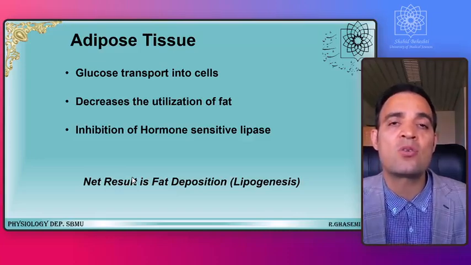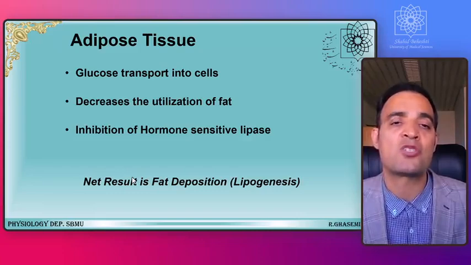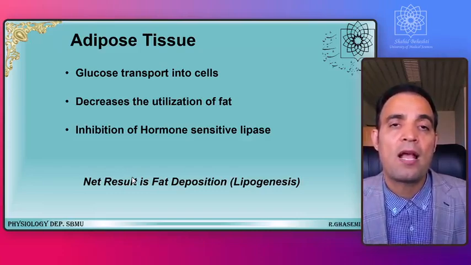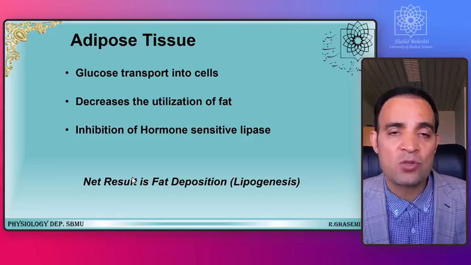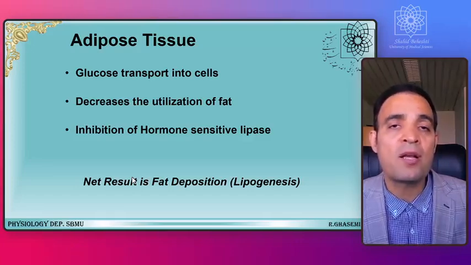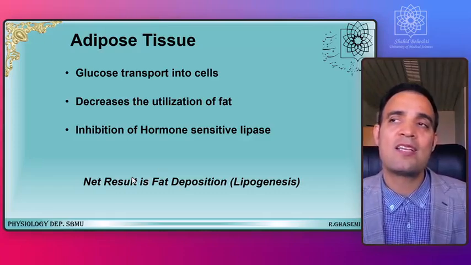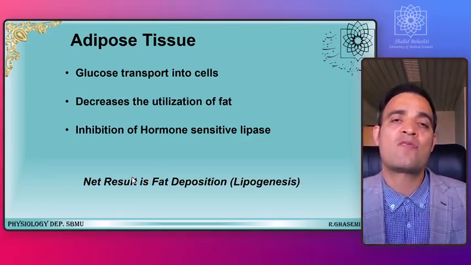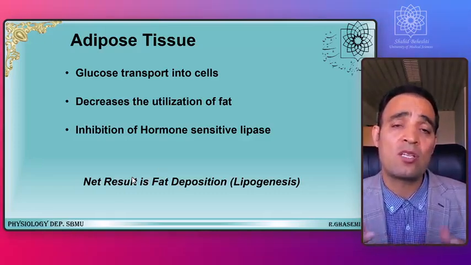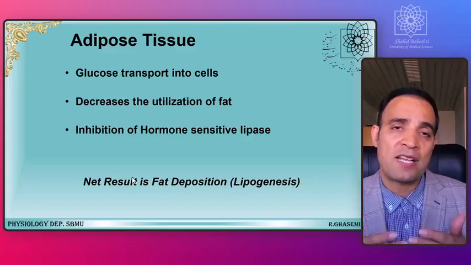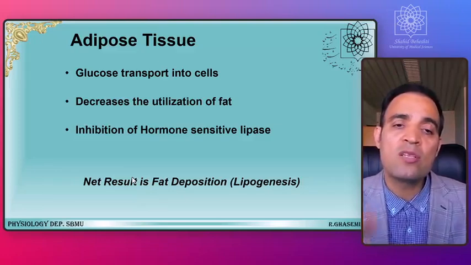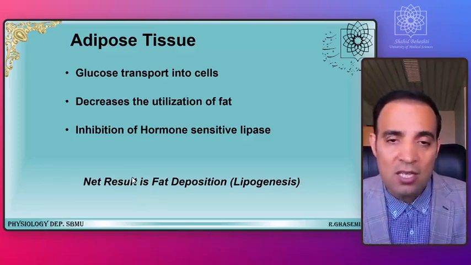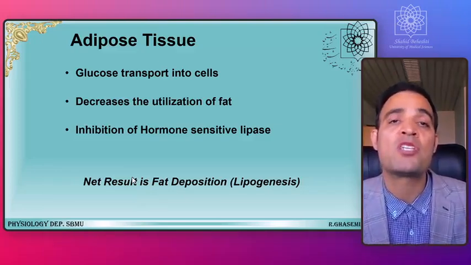Insulin decreases the utilization of fat as energy source and decreases the release of fatty acid from the adipose tissue because it inhibits the lipase enzyme. Therefore, we say it favors the storage of fatty acids. Not only does it not use the fatty acid as energy source, but it also converts some glucose into fatty acids. The net result is fat deposition, lipogenesis.